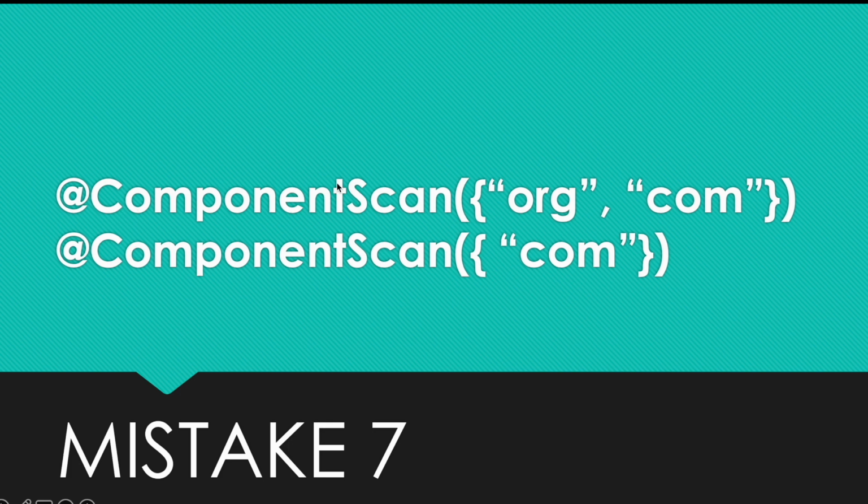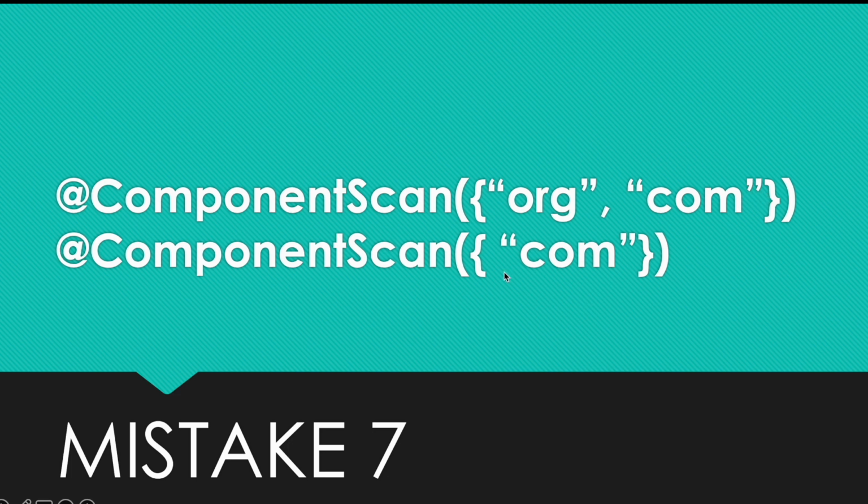So look at what I have here. I have a component scan org, then I have com. So what I'm trying to do here, I'm instructing Spring to scan this package and also this package and create those beans for me. And this is bad. I'm going to explain quickly why it's bad.